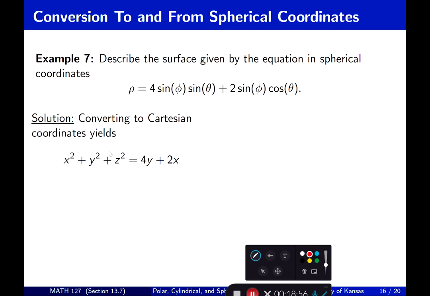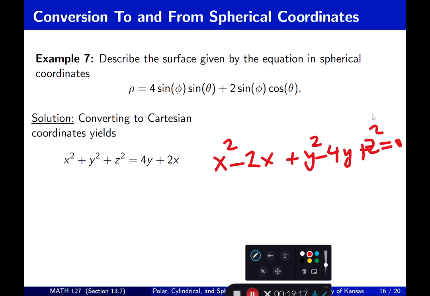Now, this awfully looks like a sphere, but it seems like a shifted sphere. So let's try to subtract the 2x from this side, subtract the 4y from this side, and complete the square. If you complete the square, you will get x squared minus 2x, and half of the negative 2 to the power 2 added. That's 1.